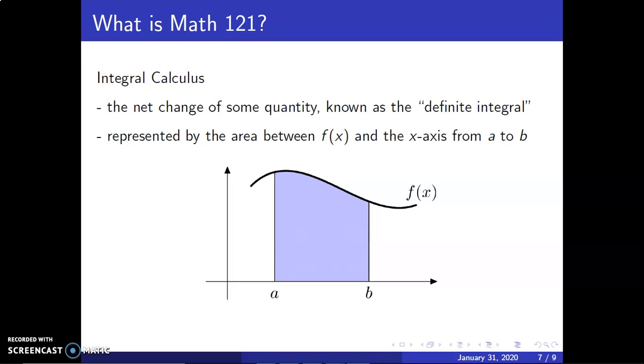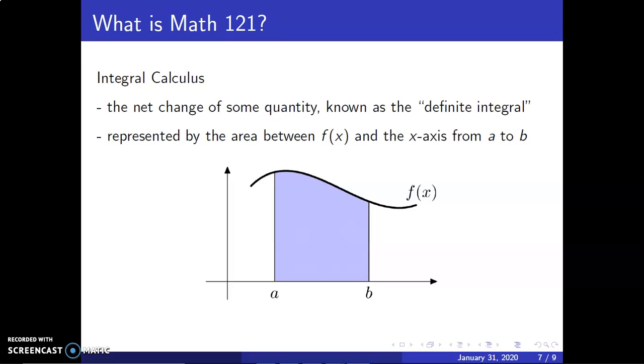Integral calculus, the second branch of calculus in the last quarter of the course, is called integral calculus, and what we're going to study is very different from differential calculus. Here, we find the net change of some quantity, and that's known as the definite integral.